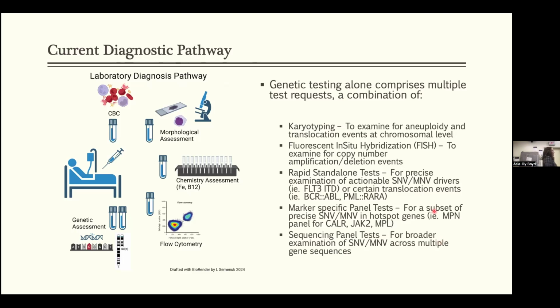We have one for MPN that looks at CALR, JAK2, and MPL, so 3 genes, to get information on any driving events that might be there, and also some prognostic information. And then we have a larger next generation sequencing panel that includes driving events that are SNV and MNV type.